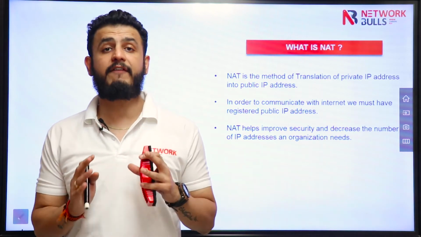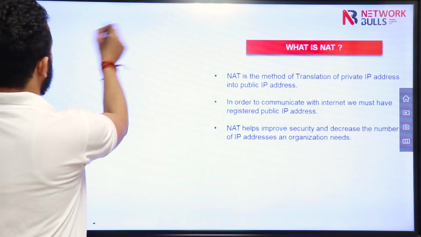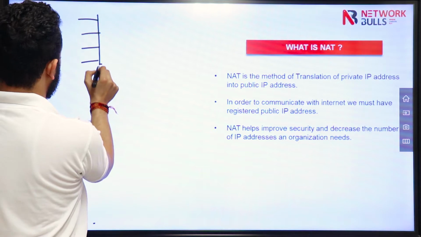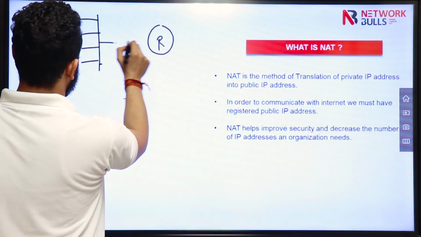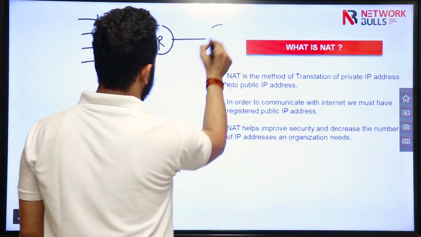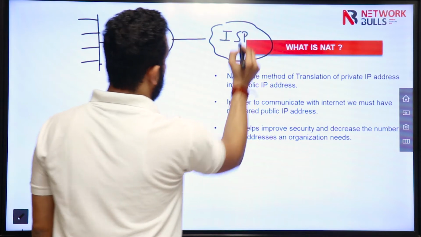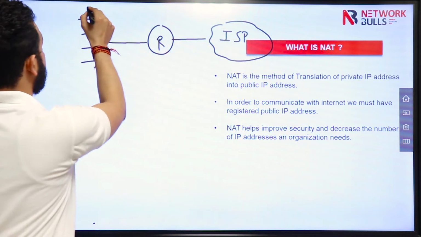Now the division of IP addresses is like this. For example, this is your enterprise. Here you have different users. This is your router, and this is the ISP. I will divide this network into two parts.